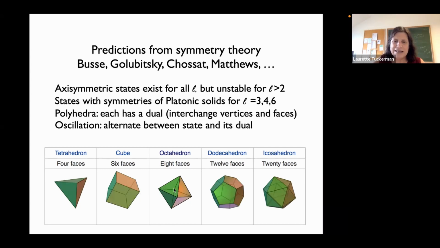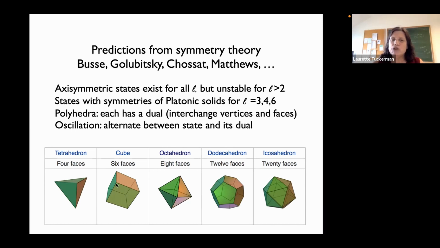No, I didn't get that right. There seem to be 8 of them. Well, it says here, so there must be 8. Yes, okay, there are 8 faces, and there are 6 vertices. So you see this, the cube has 6 faces and 8 vertices, and the octahedron has 8 faces and 6 vertices. It is the dual of the cube.